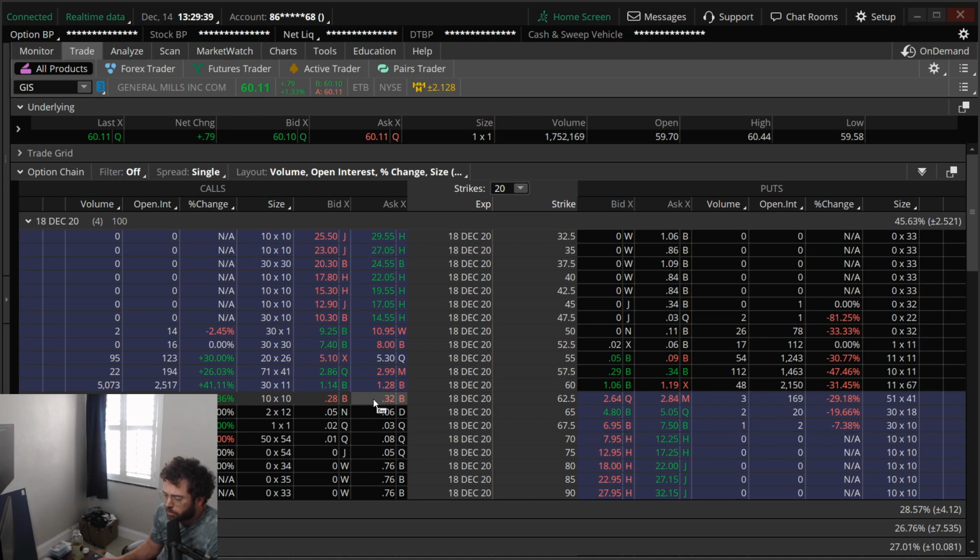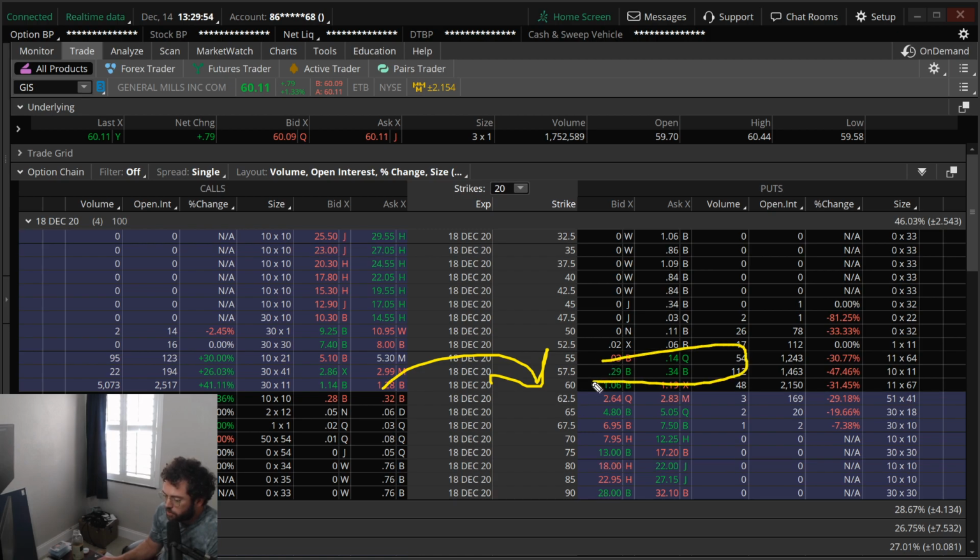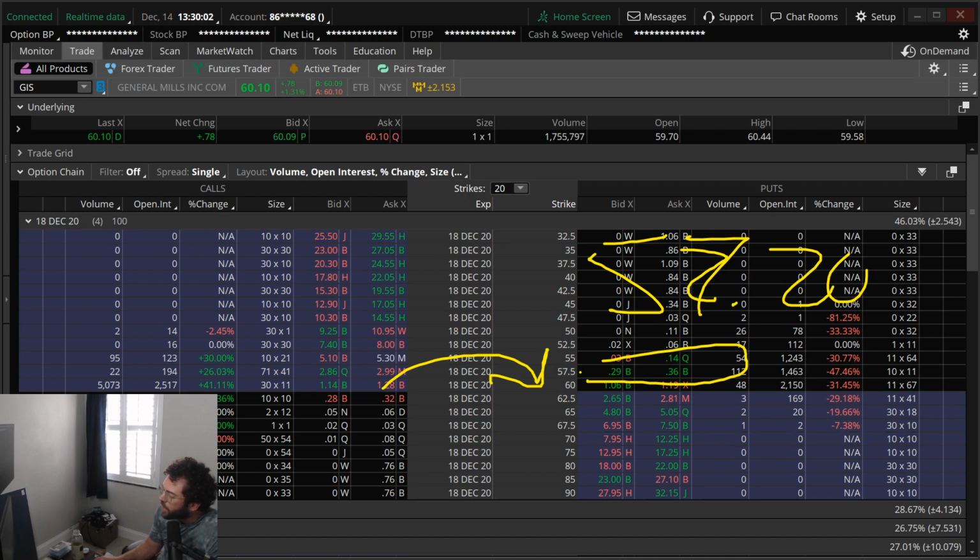So, a little bit of premium the market makers are pricing in right there. Therefore, if we want to make money on these calls, we need at least 62.80, so 30 cents plus 62.5. And if we want to make money on the puts, we need 57.5 minus about 30 cents. We look at about $57.20 to make money right there.